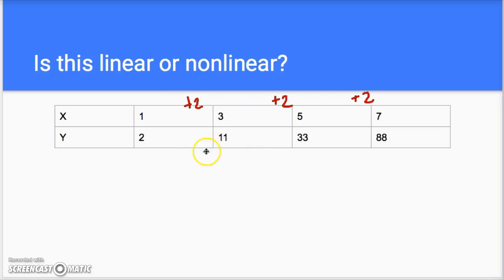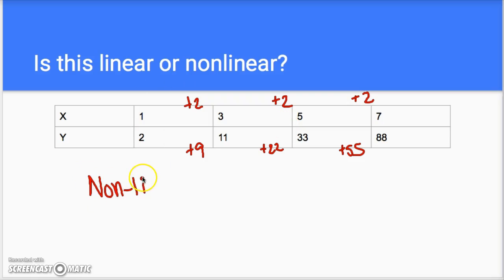Well, to get from 2 to 11, we add 9. 11 to 33, we add 22. 33 to 88, we add 55. So there is no constant pattern going on in this table.